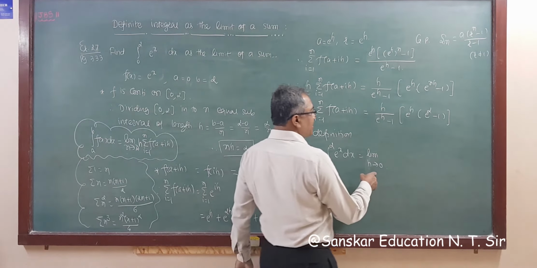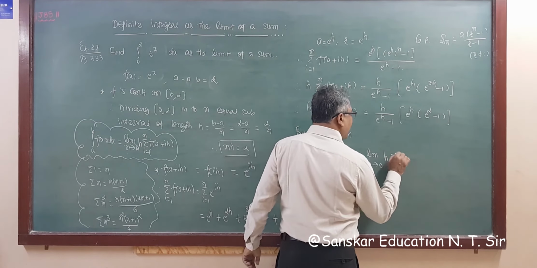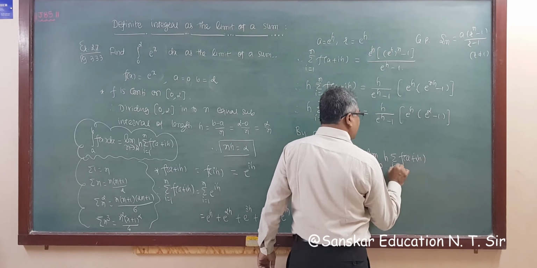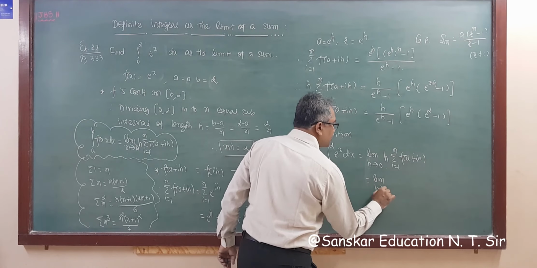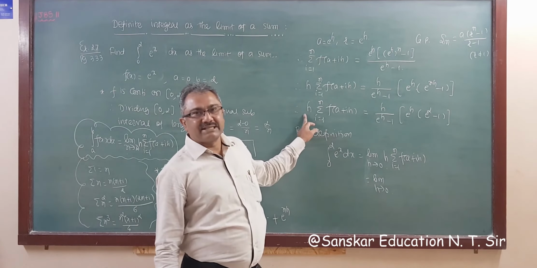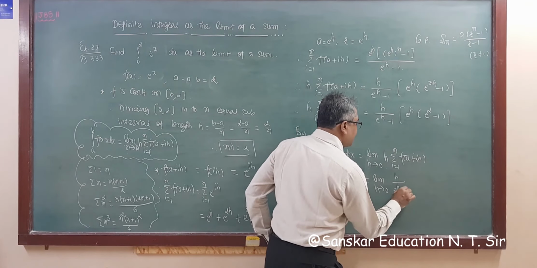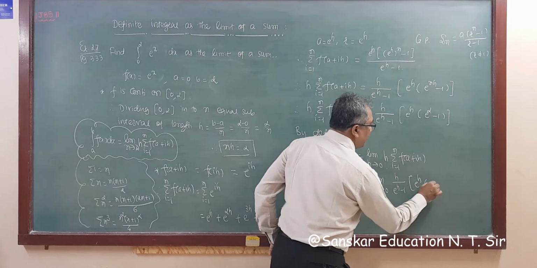So h tends to 0, h into sigma f of a plus ih, i running from 1 to n. So this is limit h tends to 0. Now value of this is this. So h upon e raised to h minus 1 into e raised to h into e square minus 1.